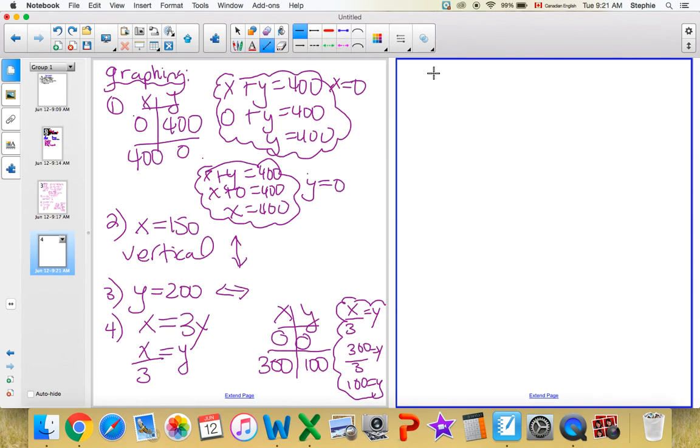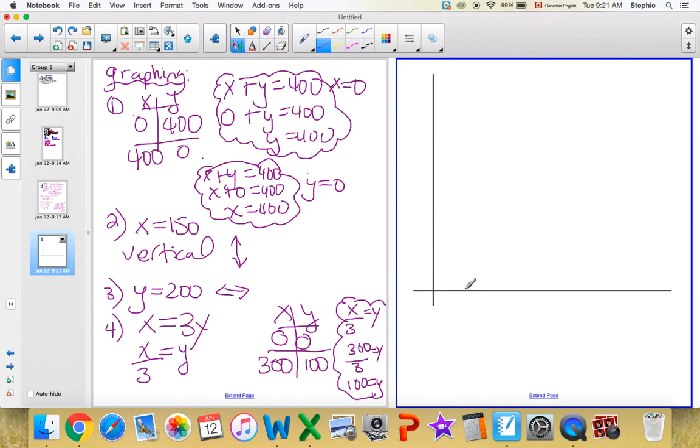Usually with all these problems, there are the two non-negative constraints, remember, which means that everything's going to be in the first quadrant. Okay, so you're going to do little scales. It doesn't have to be precise. So I'm going to go up by 100. So 100, 200, 300, 400, and 100, 200, 300, 400.